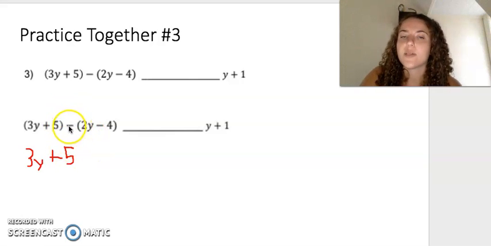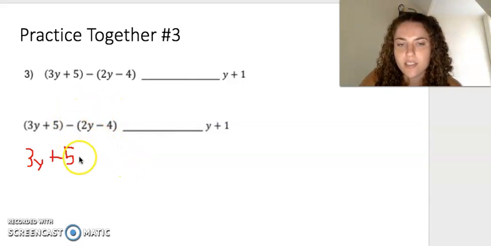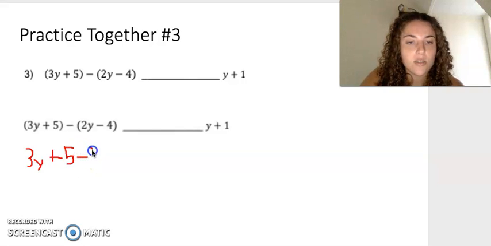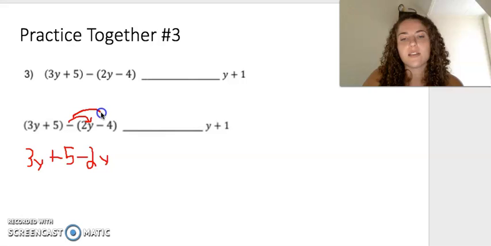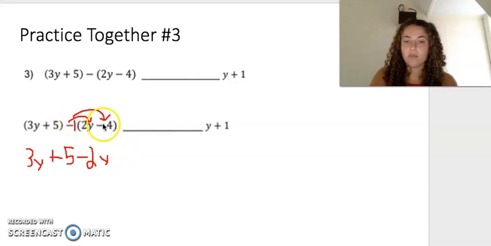We're going to want to distribute this negative sign to our terms inside of this parentheses. So this is going to be minus 2y, and then we're going to distribute that negative sign to this. So we can treat this as like a negative 1. So it's negative 1 times negative 4, which is going to equal plus 4.